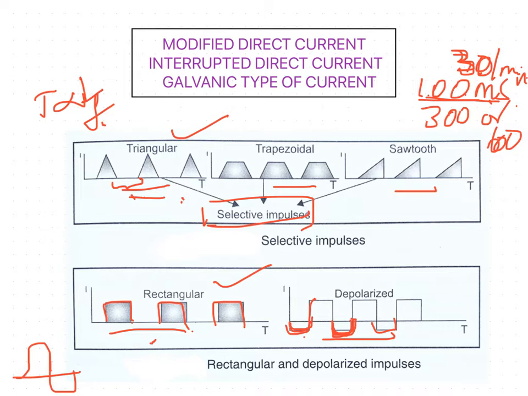So to stimulate only the muscle fiber, the triangular pulse rise time is 50 milliseconds, and pulse length is 100 milliseconds.